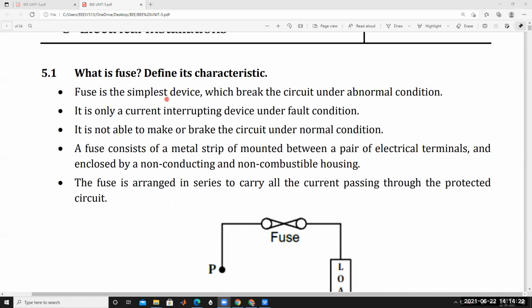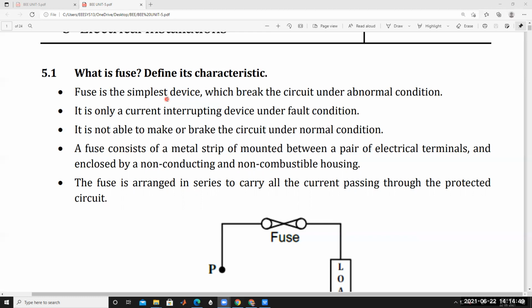If any short circuit occurs on the load, for example in your home appliances, fridge, TV, or fans, if any insulation fails, a huge amount of current passes through your device. So to protect your devices, the fuse is used.